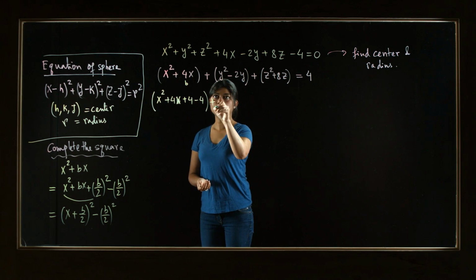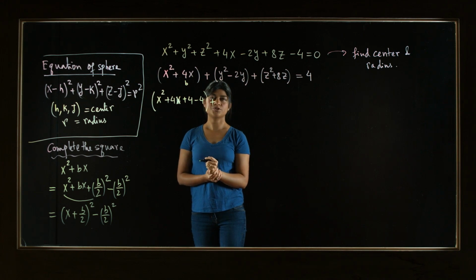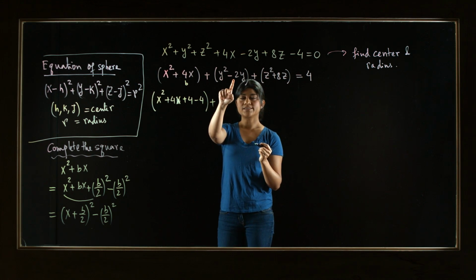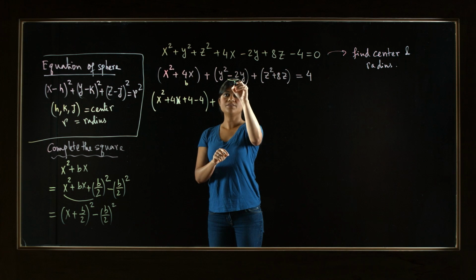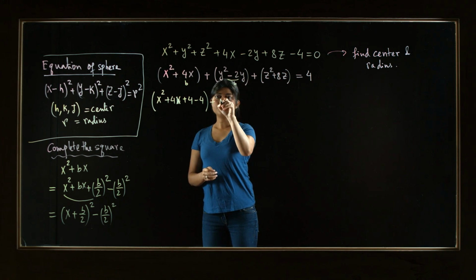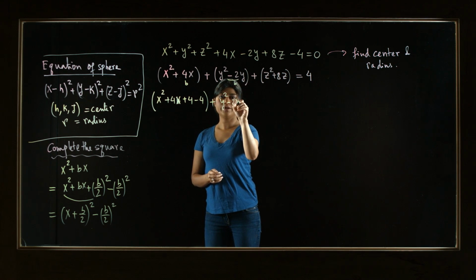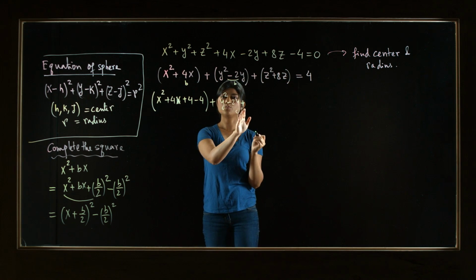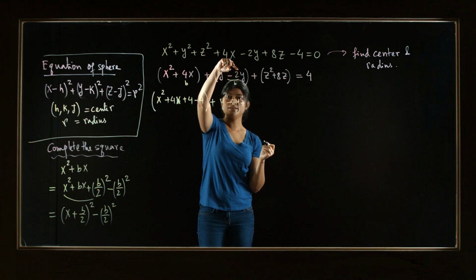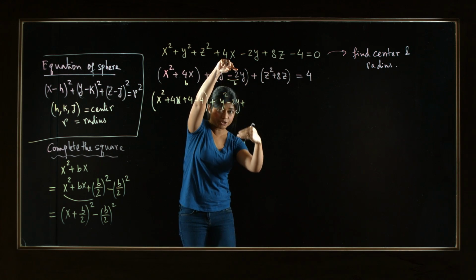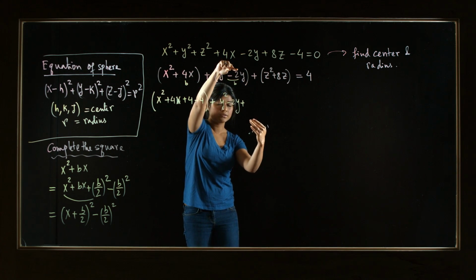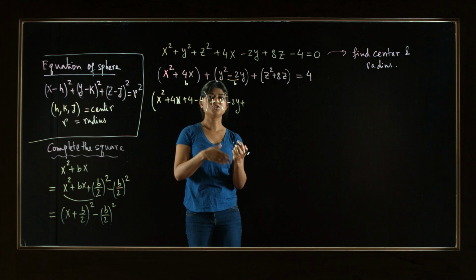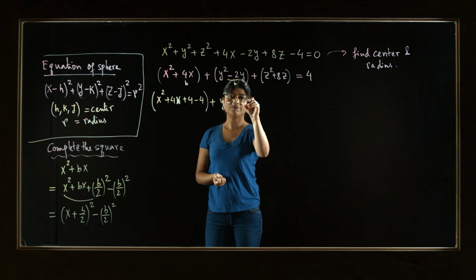Okay, let's try it one more time with the next expression. What is b in this case? b is negative 2. So we keep y squared minus 2y. Then we have to add and subtract, remember? So what is the term we'll add and subtract? Take b, negative 2, divide by 2, so you get negative 1, and then square that, which is just positive 1. So you add and subtract.